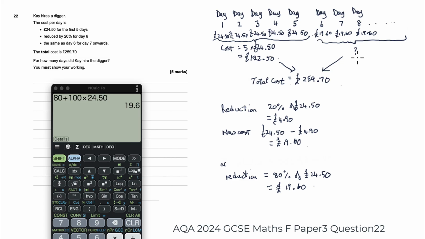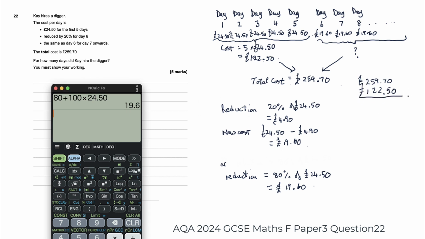So how much is that charge? We'll take the £122.50 away from £259.70, and we'll take away the first 5 days, and that'll give us the charge for the remaining days.